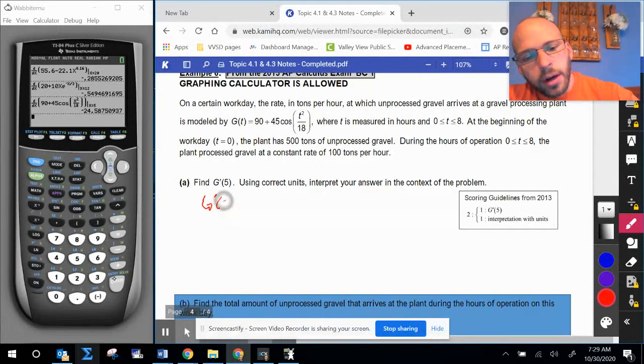So G prime of 5 is equal to negative 24.587. And then I can say when t equals 5, and what's our unit of time here? Hours.